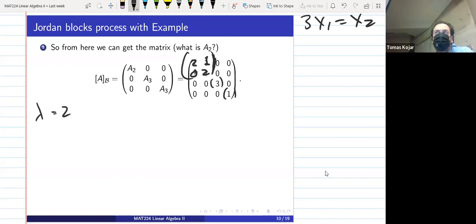lambda equal 2, you have 0, 2, 1, 0, 2. And I have to draw you the table. This is 2 by 2. I don't want to give the answer. So you have to forget the 2's and just look at the nilpotent map.